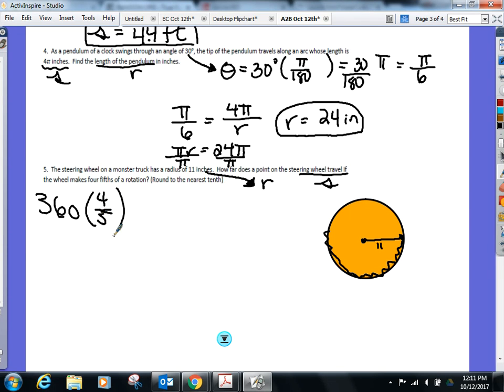If you're going to go 4/5 of 360 degrees, how many degrees are you going total? So this wheel's going 288 degrees. Let's see how much we've learned today. Can you plug that in for theta? No, it's got to be in radians. So yes, we still need to convert.